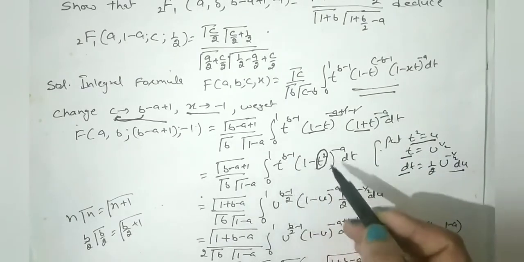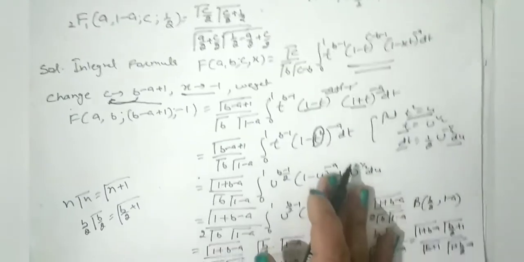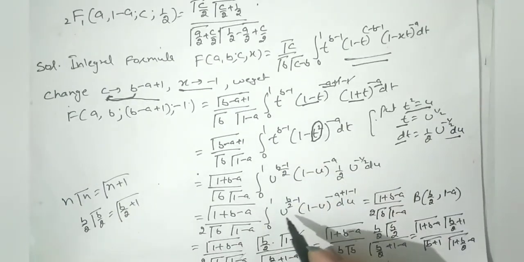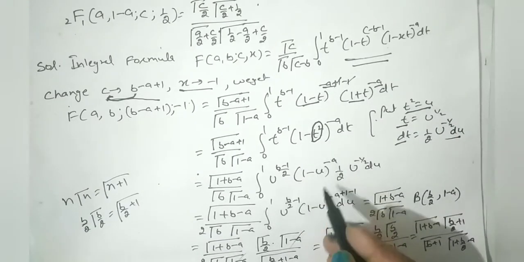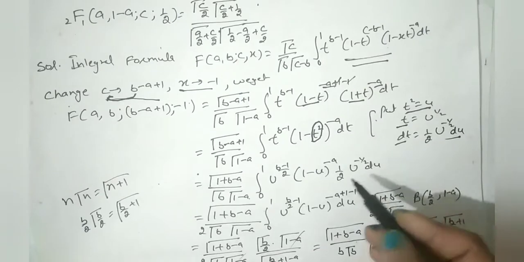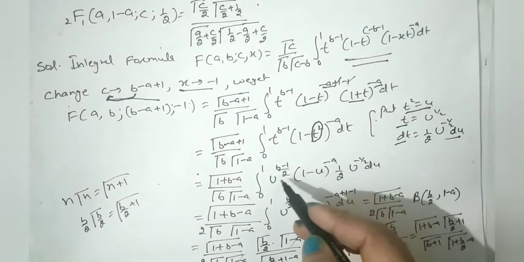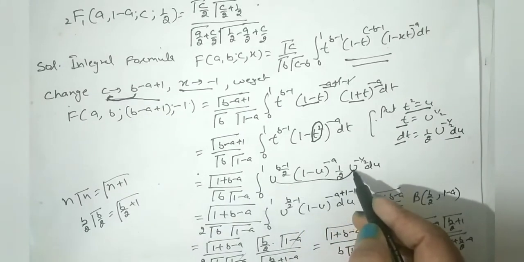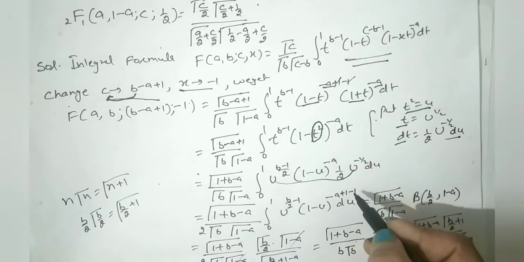So after replacing, we get this thing, and this constant will come out from the integral, and the integral left is this. Now this is 1 minus u raised to power minus a, and this u raised to power minus 1 by 2 is combined with this. So combining the power of u we get this thing, and here we add 1 and subtract 1.